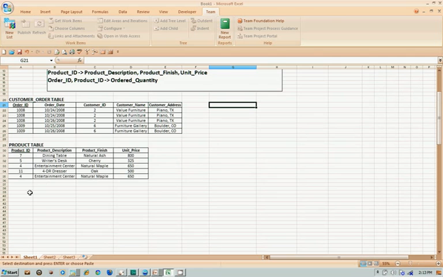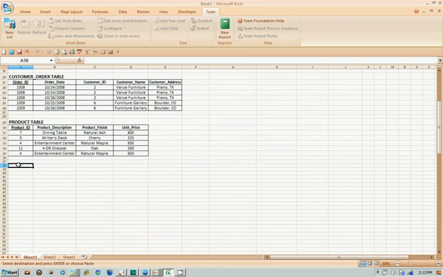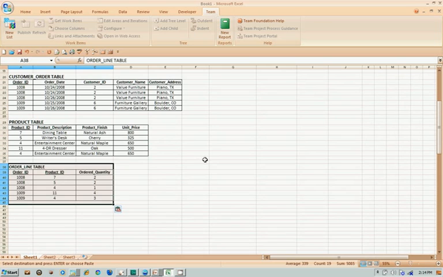The invoice relation is now left with just the primary key attributes, order ID and product ID, and ordered quantity, which is functionally dependent on the whole key. We rename this relation as order line because each row in this table represents one line item on an order.